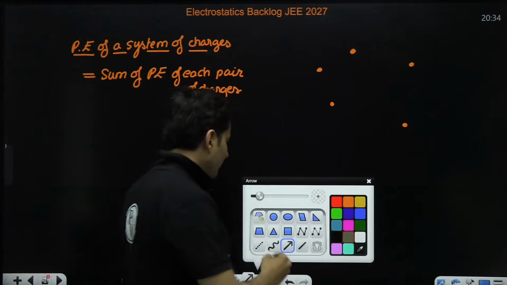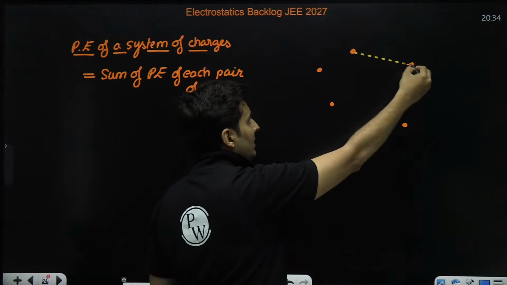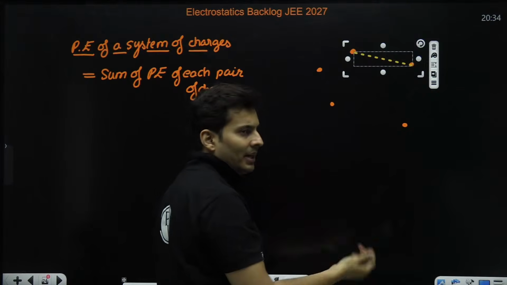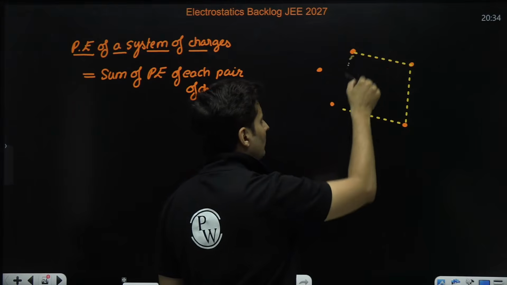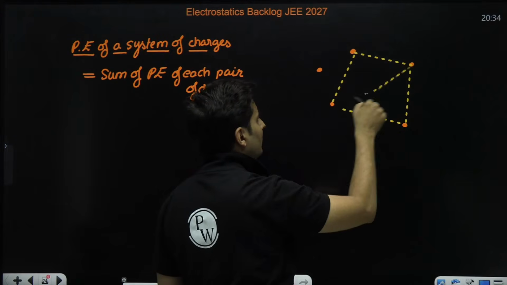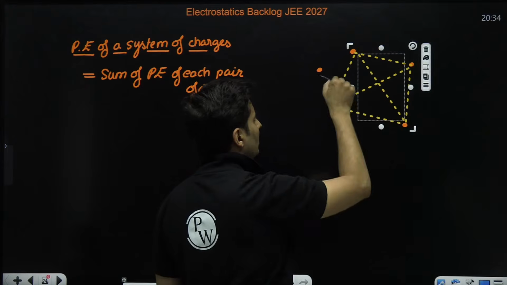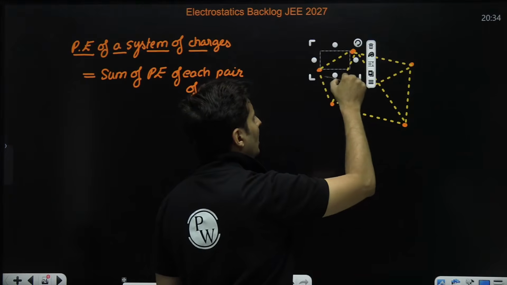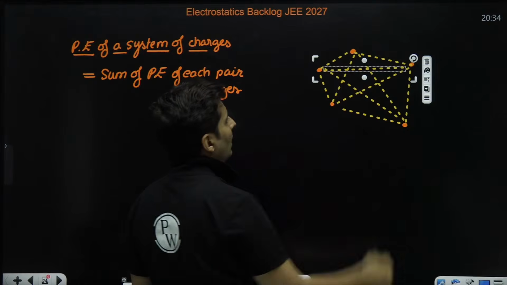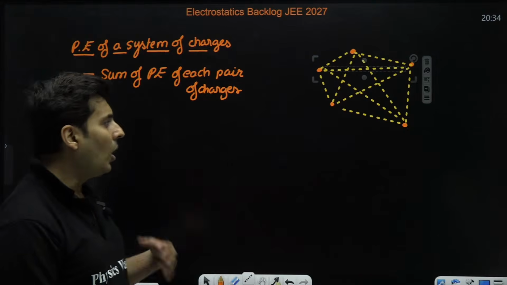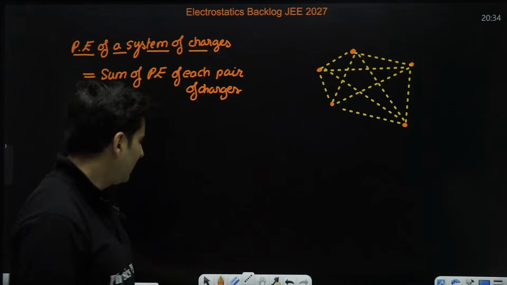For example, you find the potential energy between these two, whatever it is in joules, add it with these two, and so on. I hope I have taken all the combinations. So take all the possible combinations.